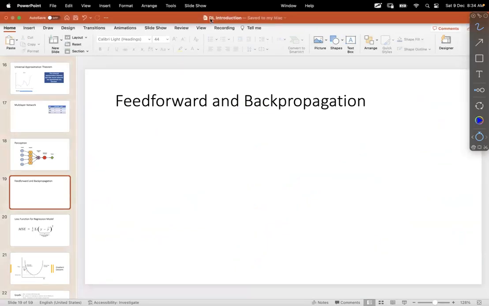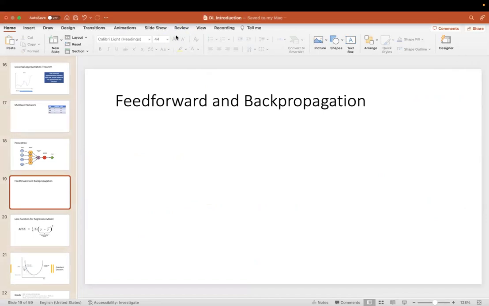Himanshu, go ahead. Yeah, Rajan. So just to summarize feed forward and back propagation: every time we have weights and neurons, perceptrons, we calculate the loss value. Correct. And in back propagation, we adjust the weights. Correct.